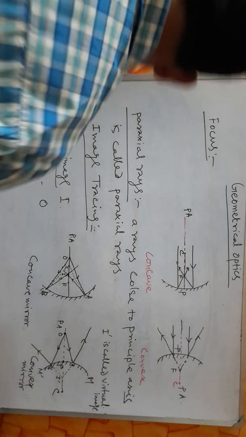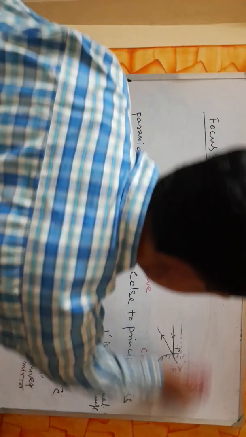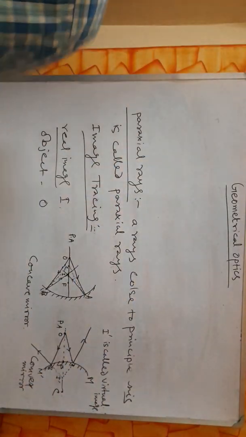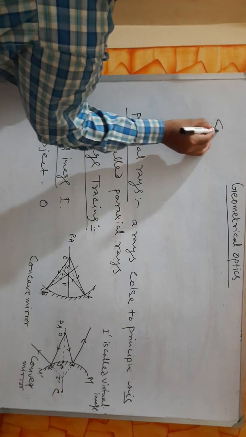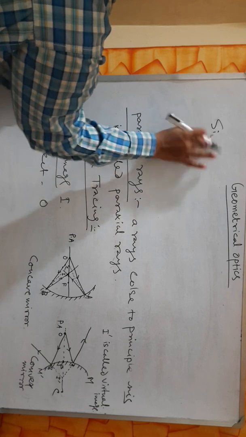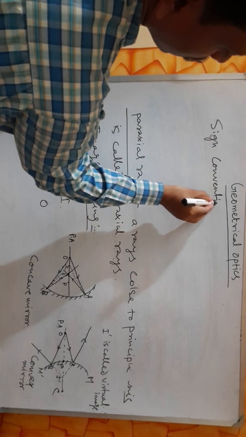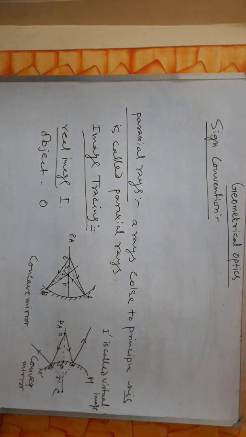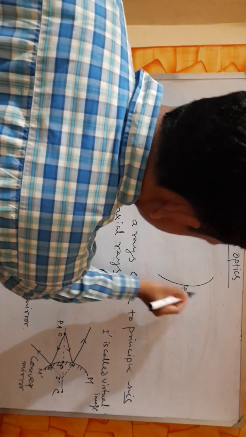Sign convention. The pole is taken as the point of origin.